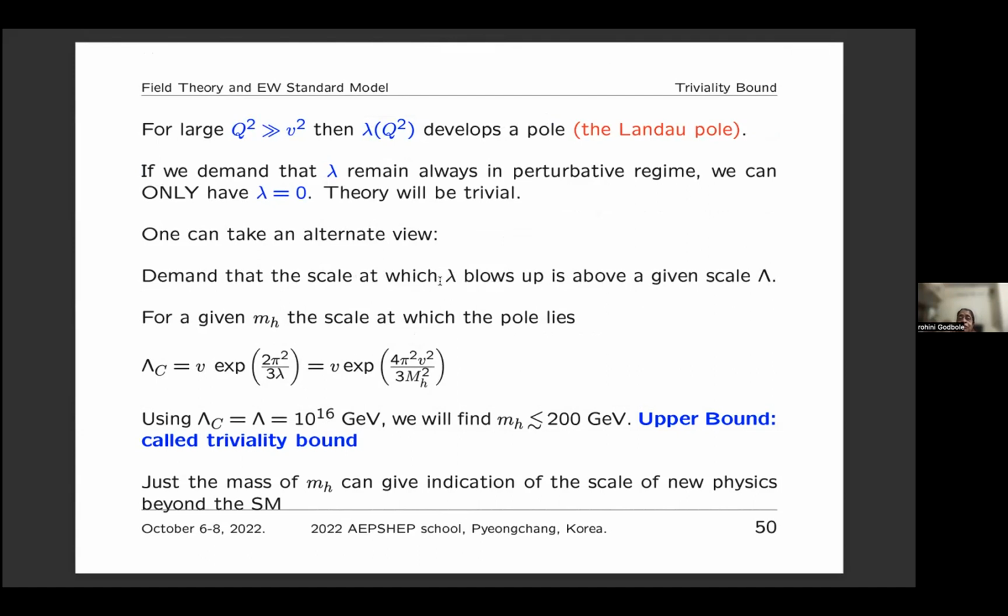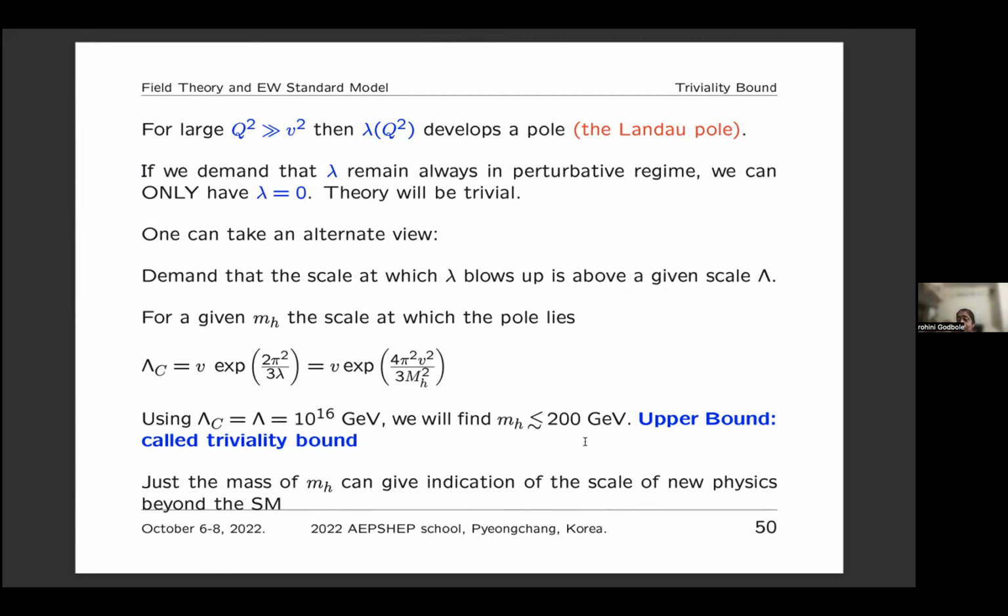If you demand that the scale at which lambda blows up is above a given scale Lambda_C, then you can calculate that scale for a given Higgs mass. And if Lambda_C is equal to 10 to the 16 GeV, we find that the Higgs mass should be less than 200 GeV.